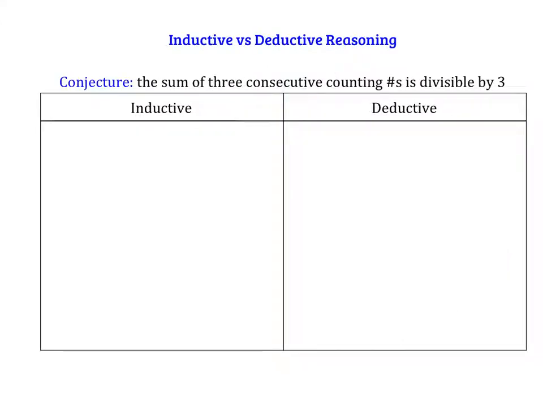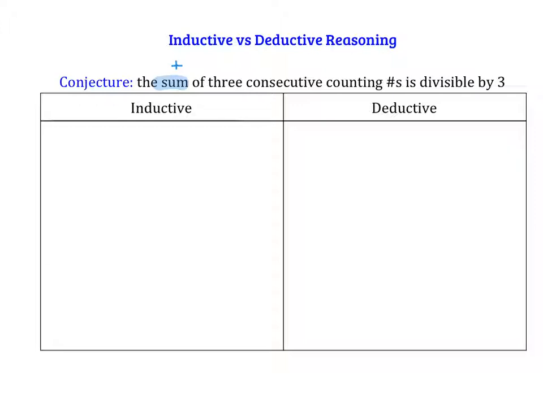Here I want to show you the difference between inductive and deductive reasoning. Here's an example of a conjecture: the sum of three consecutive counting numbers is divisible by 3. First we need to interpret what this means. Hopefully we know that sum is telling you to use addition.